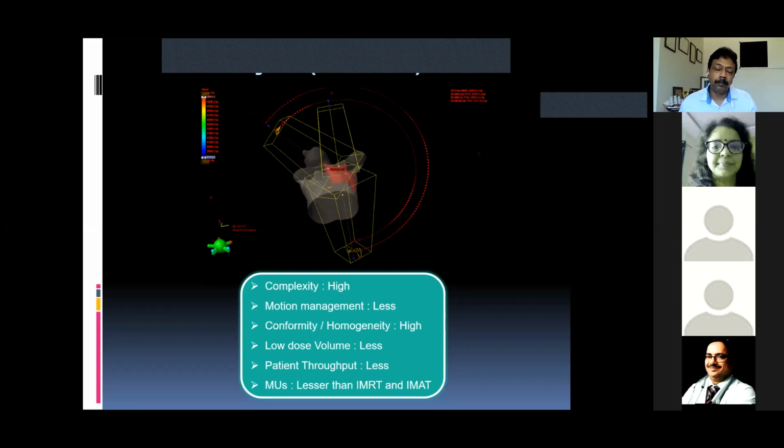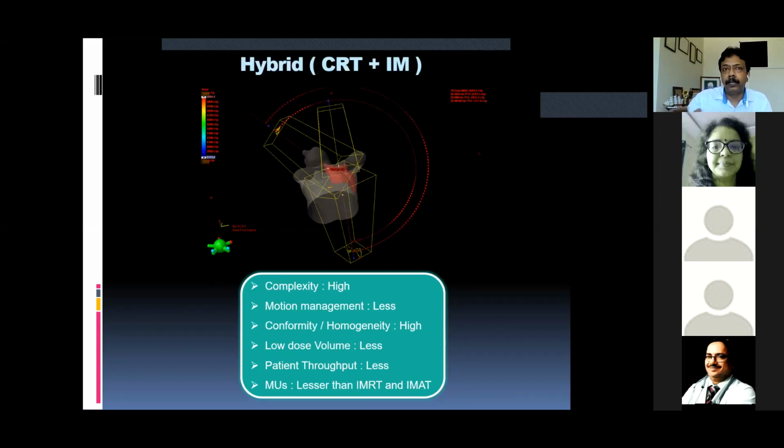We go by this principle only. First, we create the treatment dose distribution by 3D CRT. Then we fill the low dose points by the IMRT.